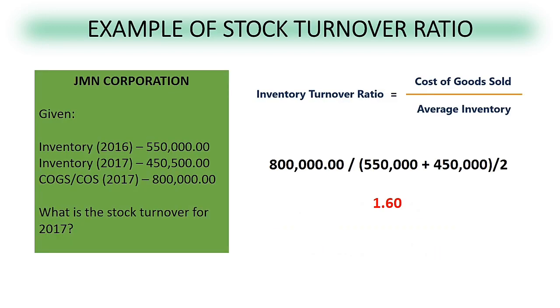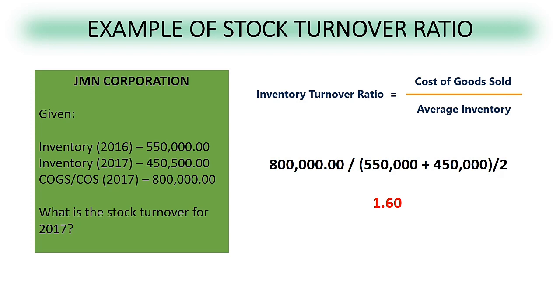In the given financial data of JMN Corporation, the inventory for 2016 amounted to 550,000. For 2017, it is 450,000. The company's cost of goods sold or cost of sales is 800,000. Now, let us compute the inventory turnover for 2017 using the given formula.